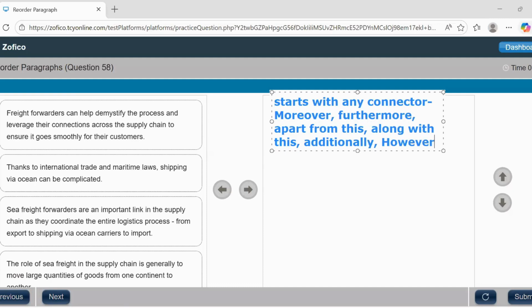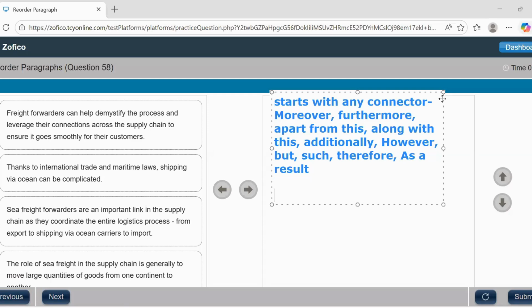If any statement is starting with however, it can never be the first. However, but, on the contrary, in contrast, or if such is there, if any statement is starting with such, therefore, as a result, consequently. So if any sentence is starting with these connectors, it can never be first.